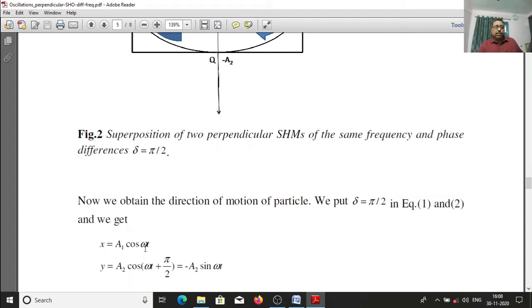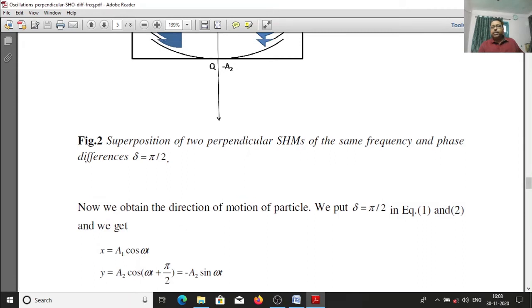Now at t equal to 0, from this equation we get x equal to a1, and from this equation we get y equal to 0. That means the position of the particle at time t equal to 0 when delta equal to pi by 2 is a1, 0.